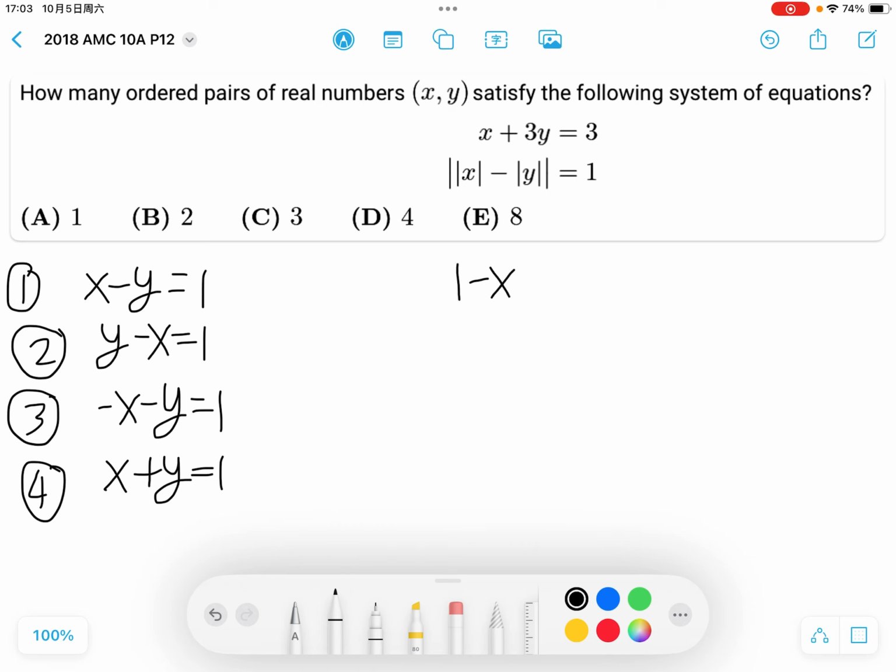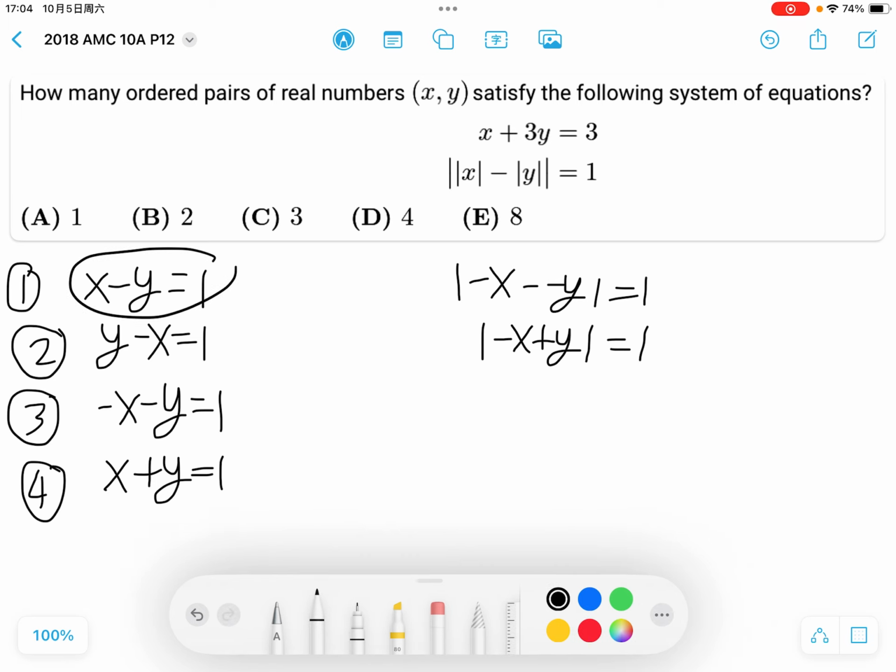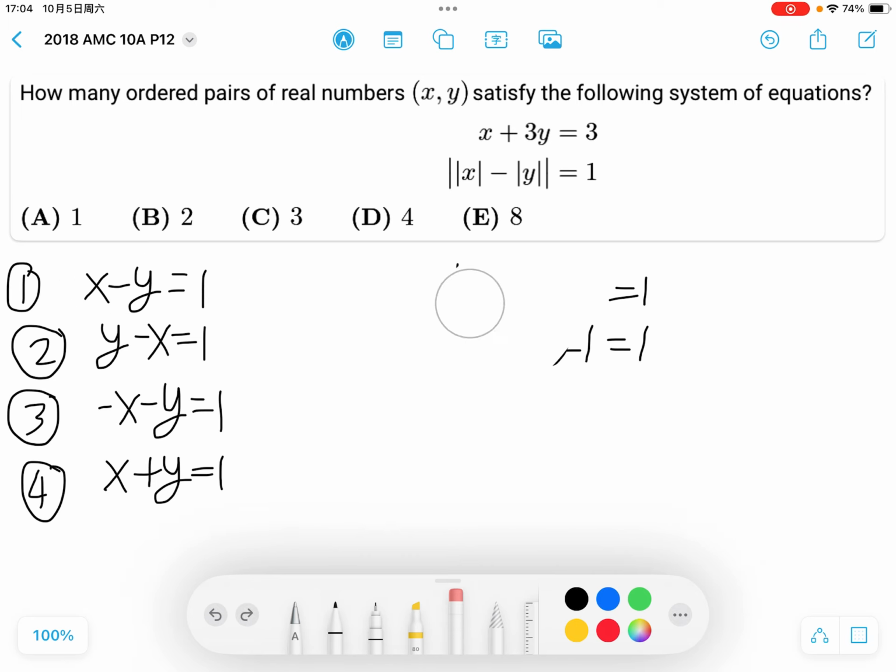Then we have negative x minus negative y equals 1, which is just negative x plus y equals 1. If this is positive, that's just case 2. If this is negative, that's just case 1. So there are no more cases here because we've already thought about x being negative, y being negative, both being negative, and also the positive cases. So we have 4 cases, and we have this other equation also to use.